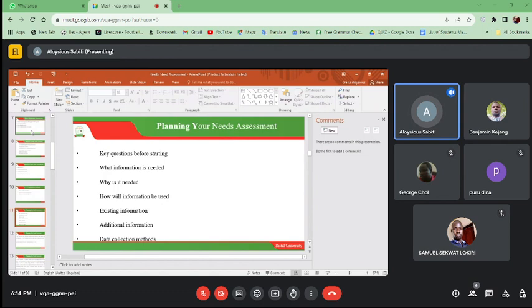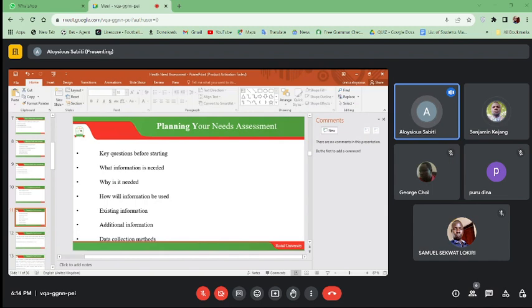Because when you're doing a needs assessment, it is actually closer to doing research, and therefore you follow similar criteria as if you're doing research. However, this may be faster because it may not have other aspects of research that may be more comprehensive.